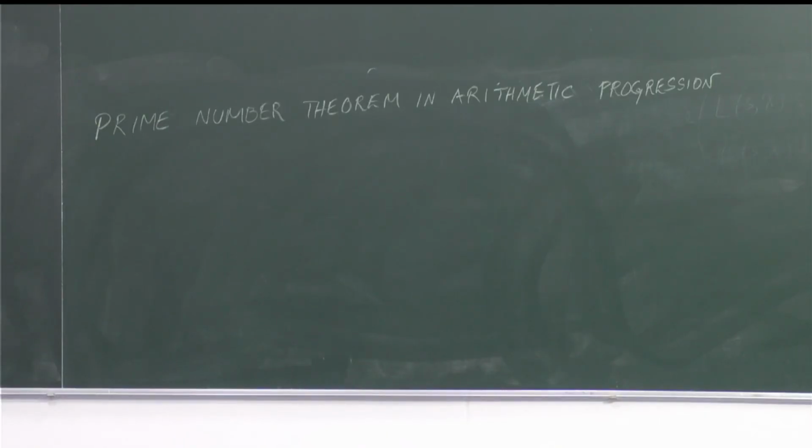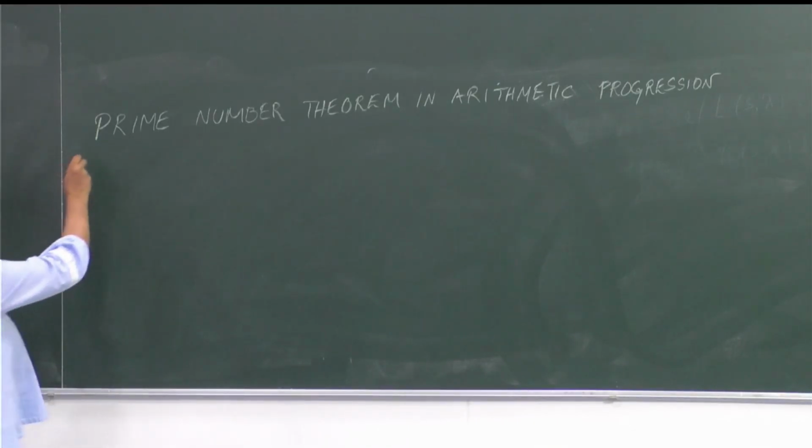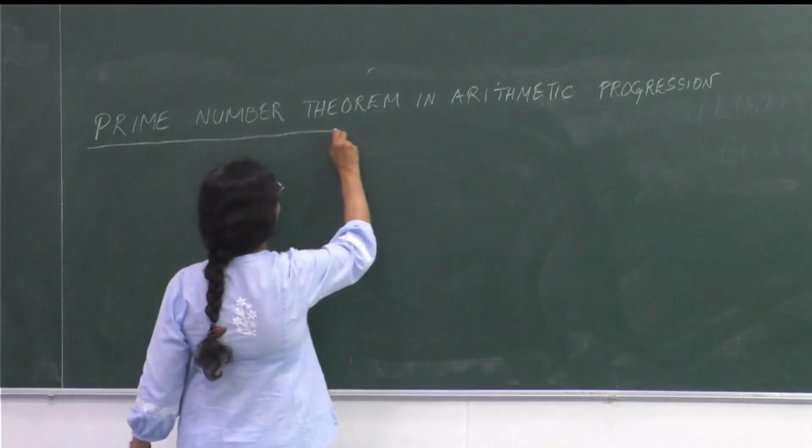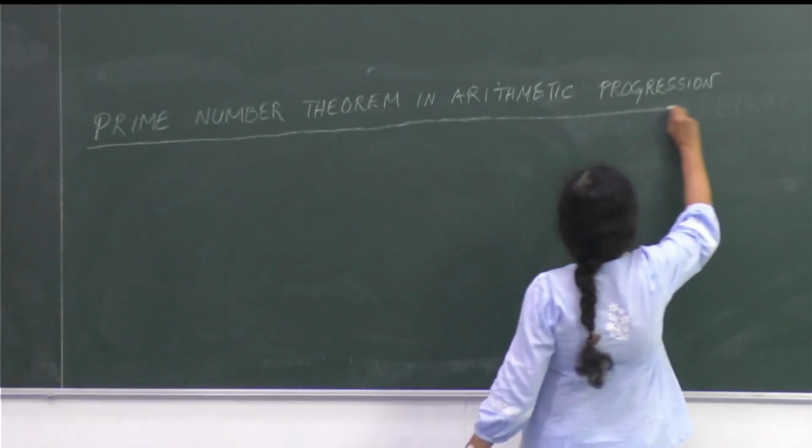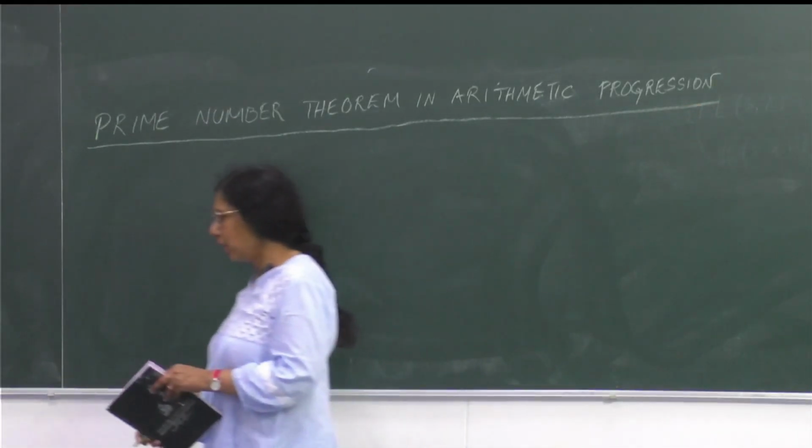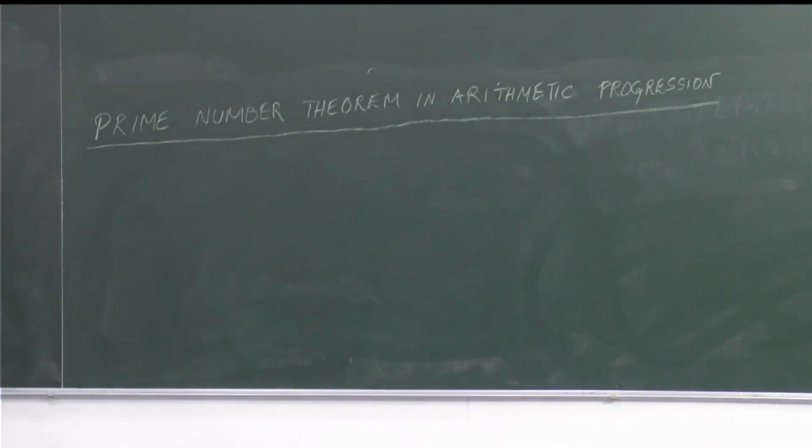Yes, so we will use some notations. You know them all; I mean, you don't know them all, but you can guess them all. Our aim for the usual prime number theorem is to find the number of primes less than a certain bound.